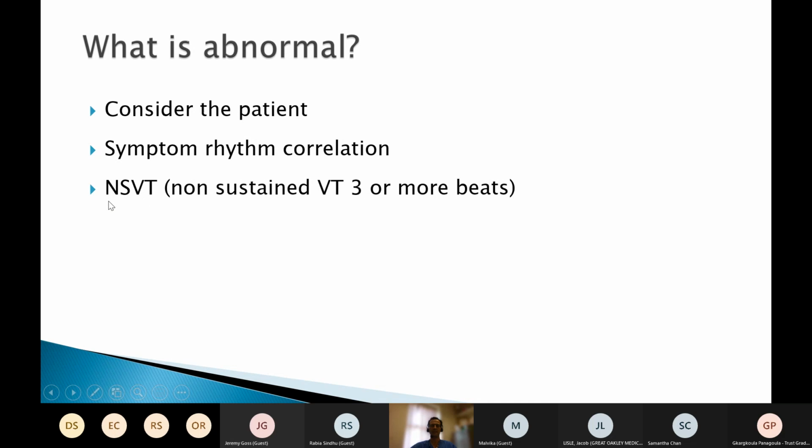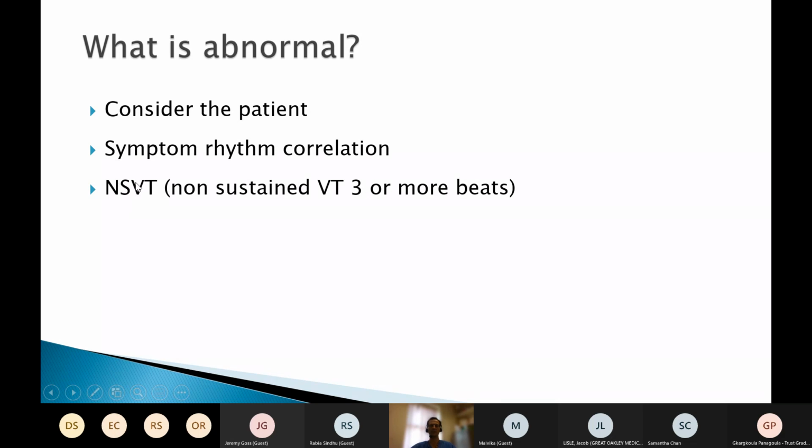We would say that having 3 or more beats of ventricular ectopy together in a row, I'll show you exactly what I mean by that in a minute, but 3 or more beats is abnormal. So non-sustained, as soon as you have 3 ventricular ectopic beats together, that's non-sustained VT.